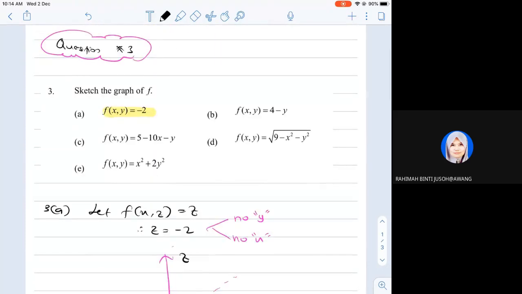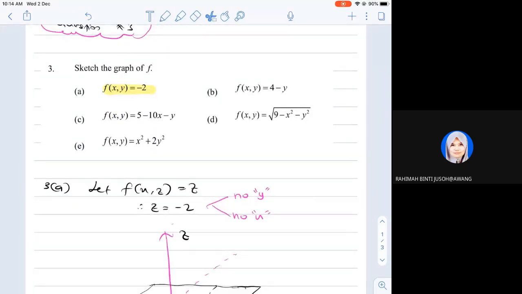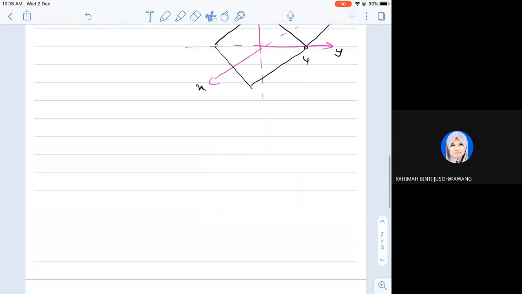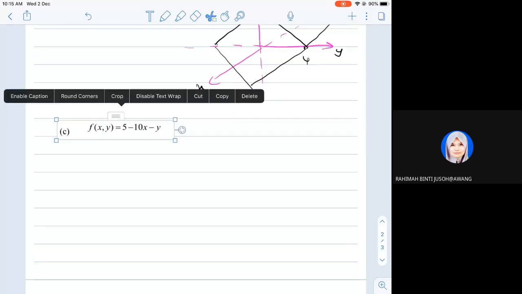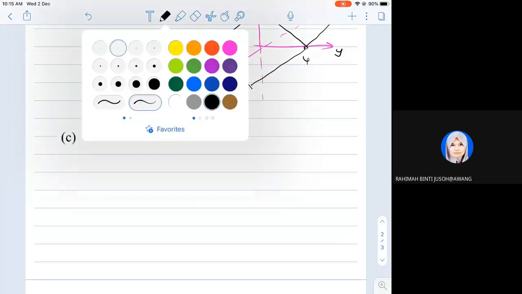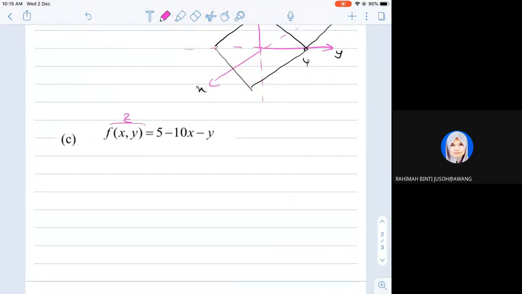Alright, next question. How about this? You will get a triangle plane for this question. Again, we know that this is your z, so we will have z equals 5 minus 10x minus y. So we have 10x plus y plus z equals 5.